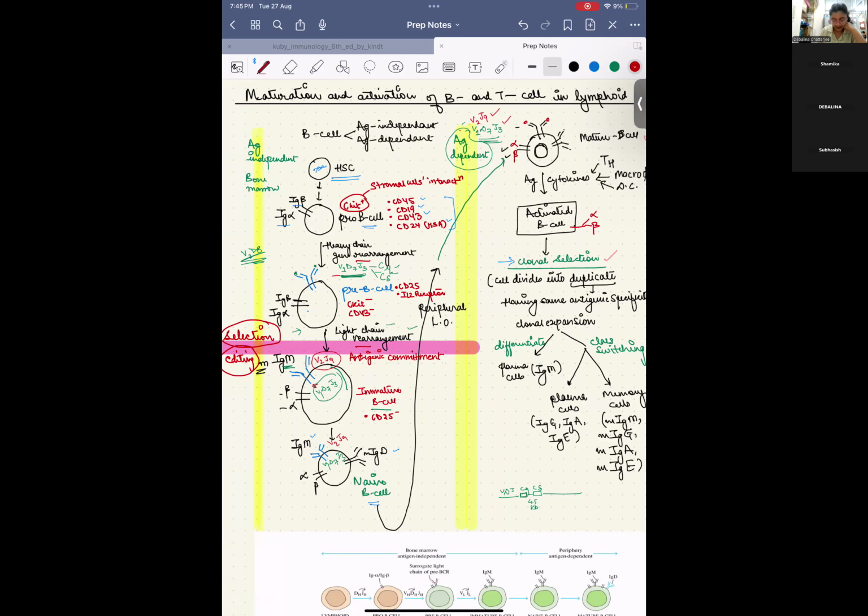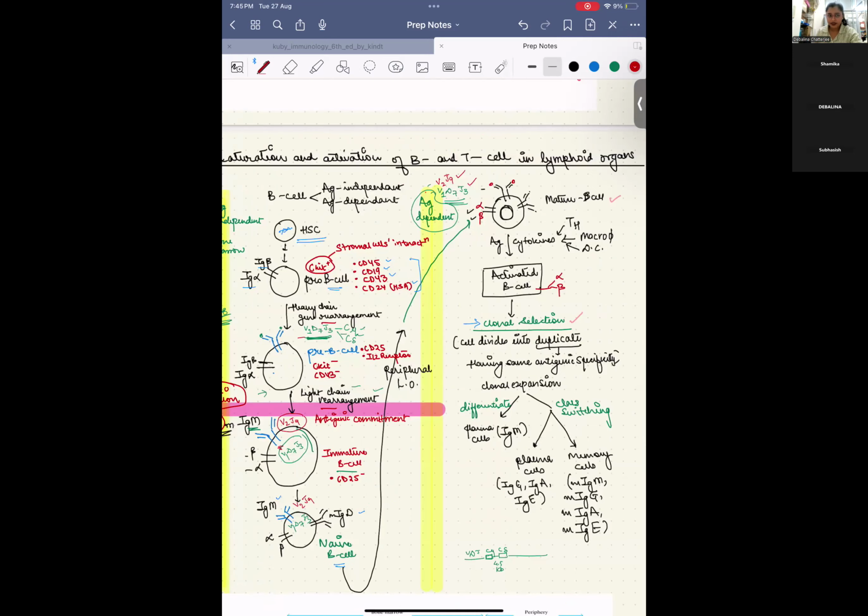Now, this particular cell, along with other cells with some different combination, all of it comes into your peripheral lymphoid organ. But the antigen waiting here is of a shape and kind where only the antibody molecule combination of this type can bind to this antigen.